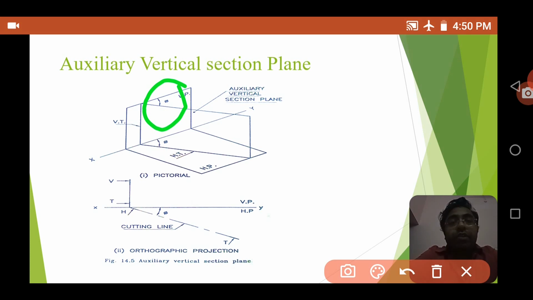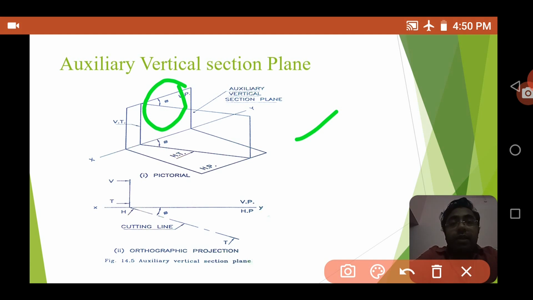So it is angled with the VP. The earlier one was angled with the HP, but in this one it is angled with the vertical plane. In the pictorial view you can see that it is perpendicular to HP and angled with the vertical plane.